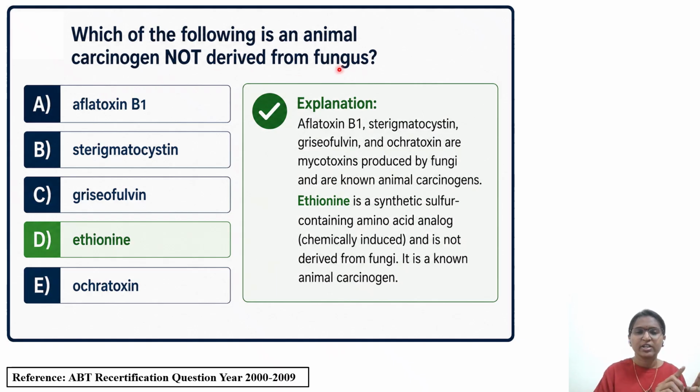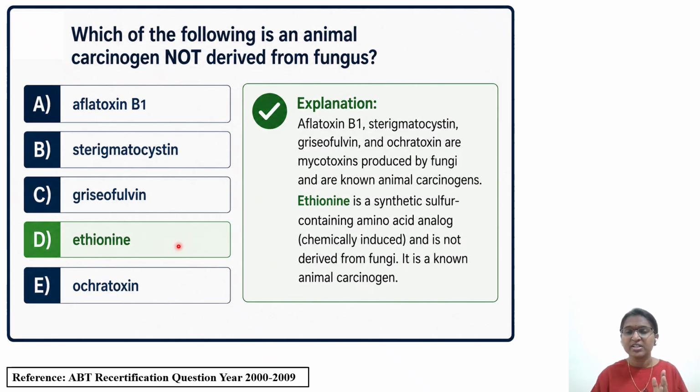Go back to the table and see which of the fungal toxins or mycotoxins are causing cancer, because we have a star mark, which means it is an important point. So here the answer, in the green text, is ethionine. Ethionine is the one whose source is not coming from fungus.